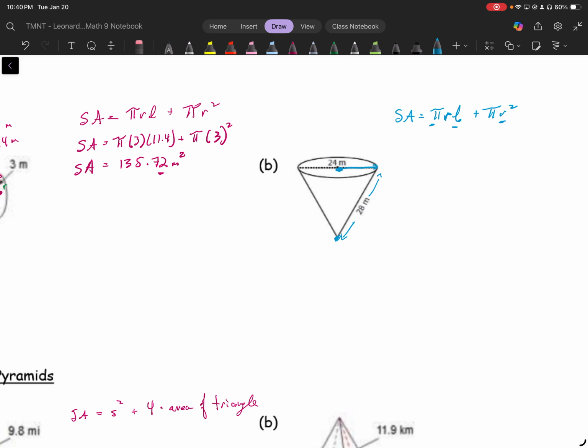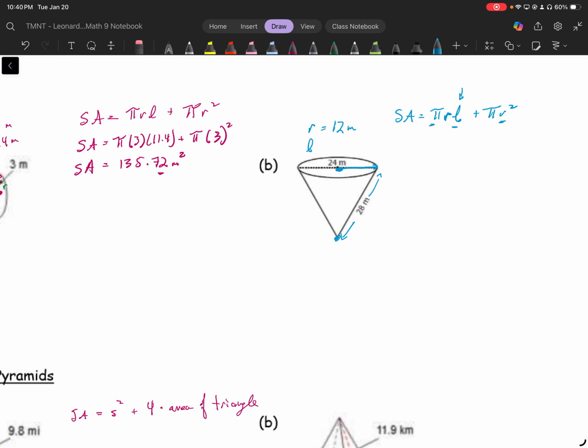So here, when I take a look at this cone, what I notice is that I'm not given the radius, but I'm actually given the diameter. So the diameter of this cone is 24. So the radius is going to be half of that, 24 divided by 2, which is 12 meters. Now, what's the next thing in my formula?